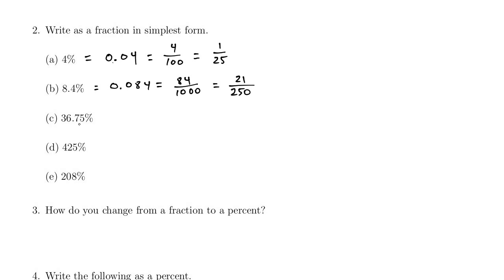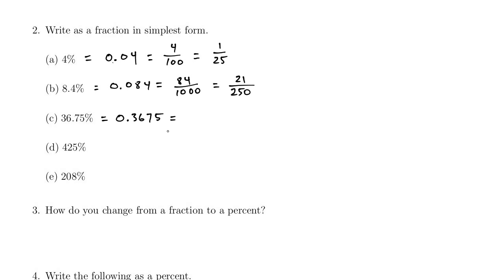Okay, and part C, we've got 36.75%. Okay, so as a decimal, this would be 0.3675. That's what we get when we change it to a decimal.